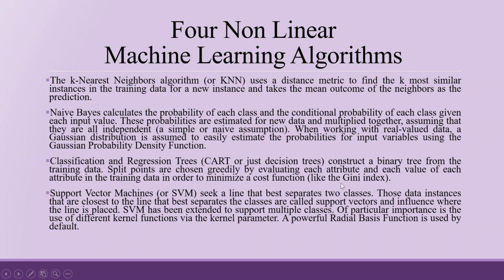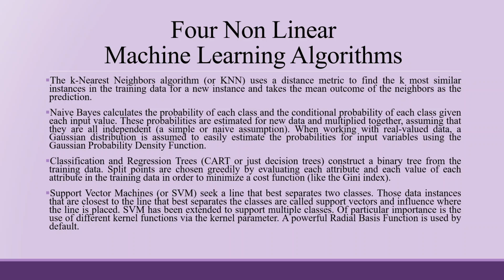Those data instances that are closest to the line that best separates the classes are called support vectors and influence where the line is placed. Support vector machine has been extended to support multiple classes. Of particular importance is the use of different kernel functions via the kernel parameter. A powerful radial basis function is used by default.